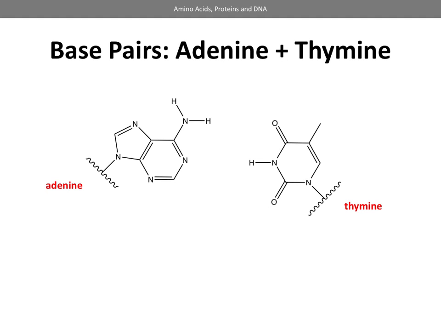And if you look at the orientation here, you may spot what it is about them that means that they interact with each other. And it's all about hydrogen bonds or hydrogen bonding. So adenine and thymine will hydrogen bond like this. So adenine and thymine form two hydrogen bonds between each other.